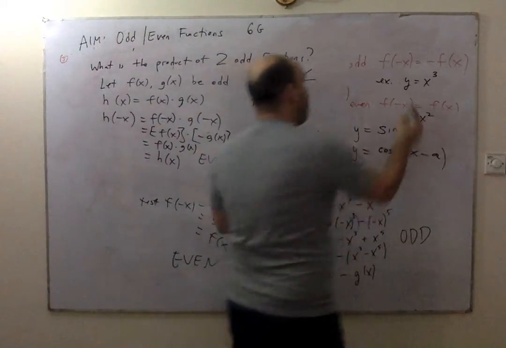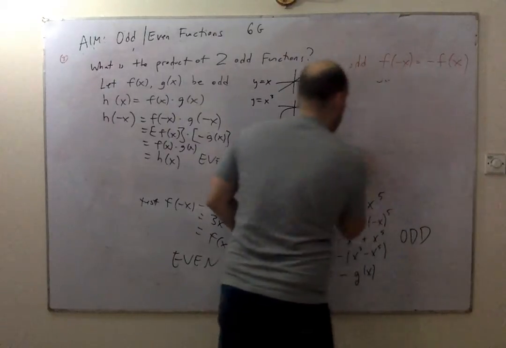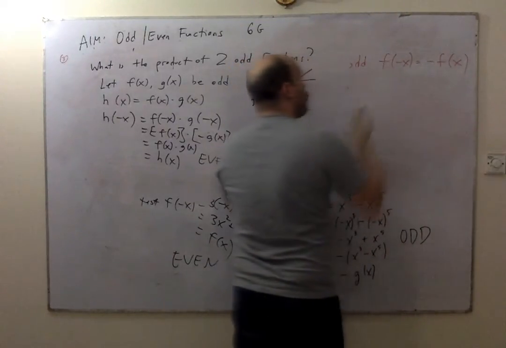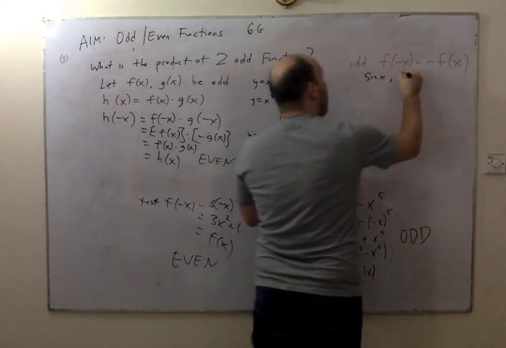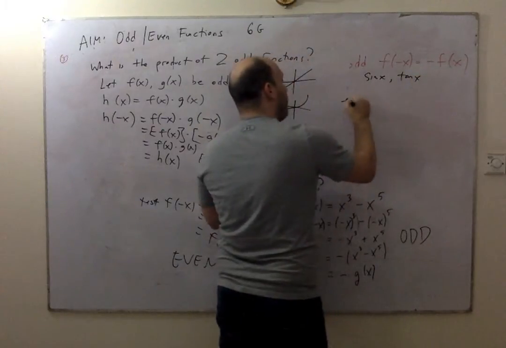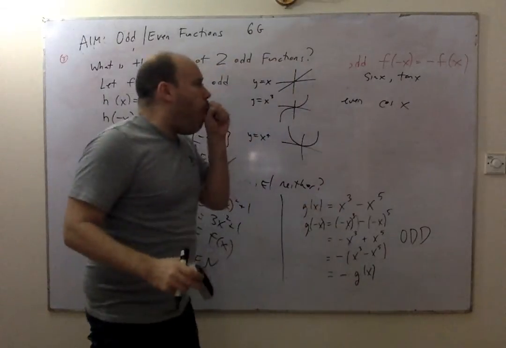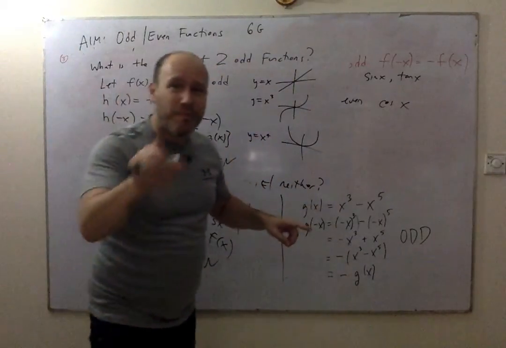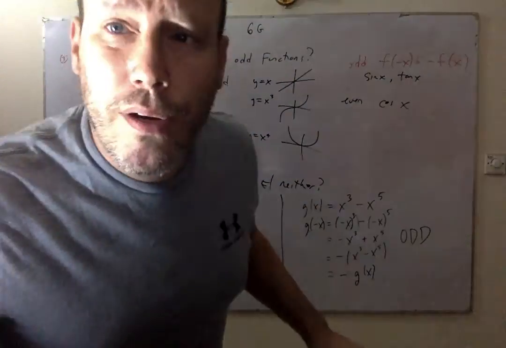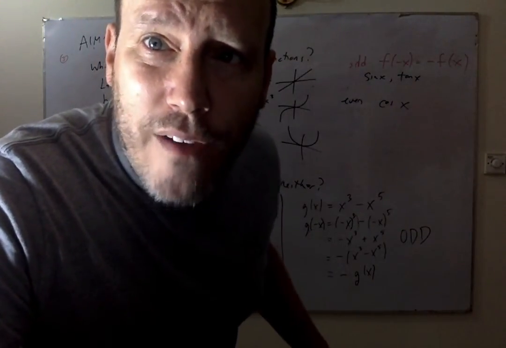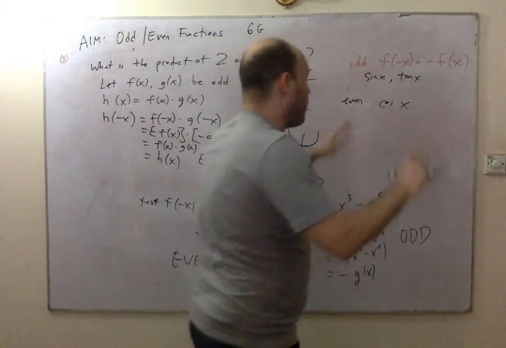Just a couple of things. Some odd functions. The big odd functions are sine of x and tangent. The even functions are cosine of x. If you think about it, think about this for a second. Was my battery running low? I'm down to the last 5. Okay, watch. This is kind of cool.